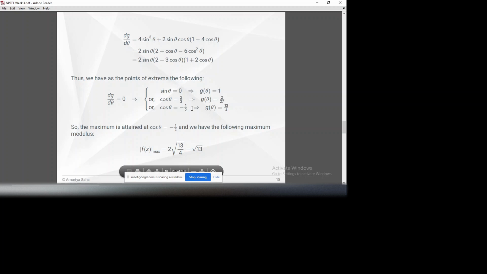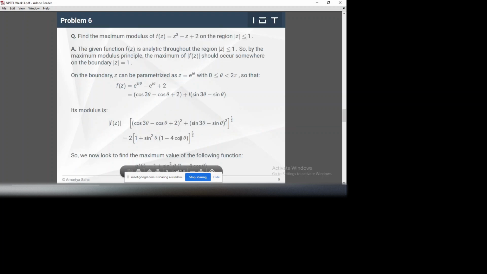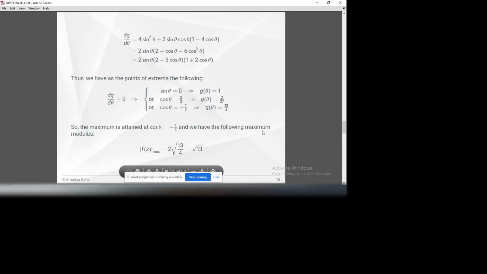There is another way in which you will not have to use the second derivative. That is a much quicker and more efficient way, so I'll just use that. Having found these 3 roots, I'll just substitute those values in our given g(θ) and compare the 3 values.